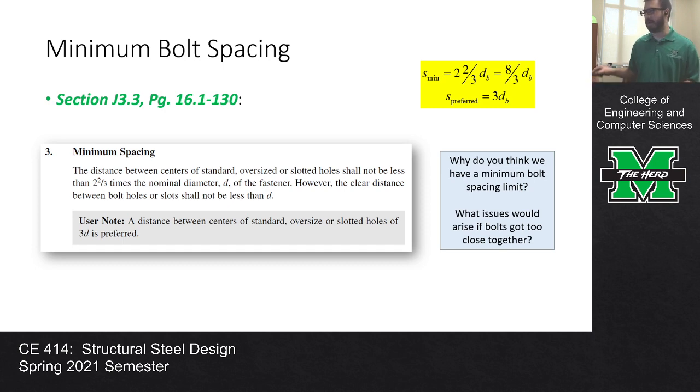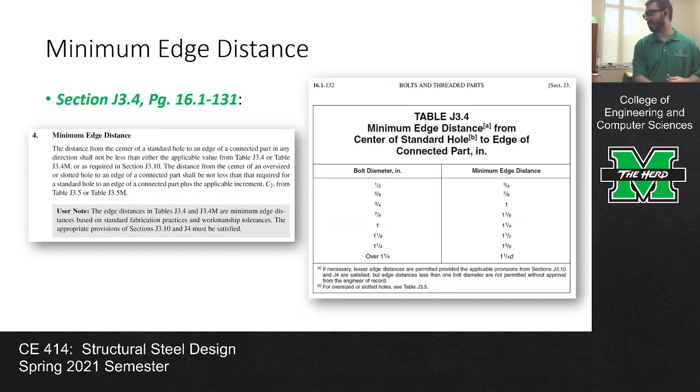Now, as for the minimum edge distance, this gets a little bit more into what Mr. Blizzard was referring to. So if the bolt spacing is how far apart the bolts are from each other, the minimum edge distance is how far the holes can be from the edge of the plate.